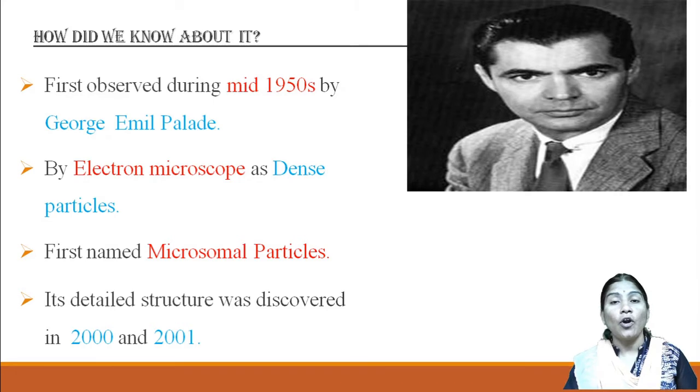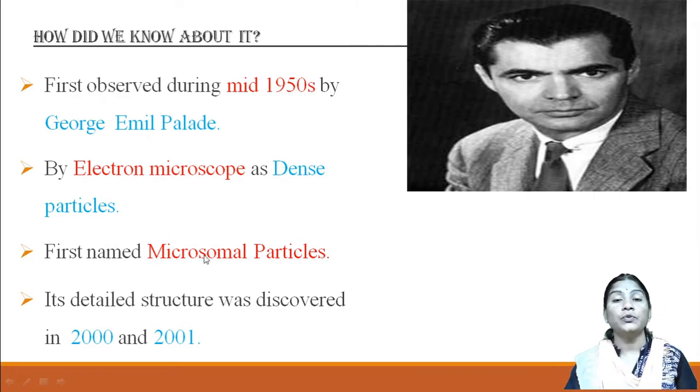Under the electron microscope, they showed that these ribosomes are very small and tiny dense particles, and that's why they gave the name microsomal particles. When they observed these dense particles under the electron microscope, they saw that these bodies are very small, and that's why they gave the name microsomal particles.